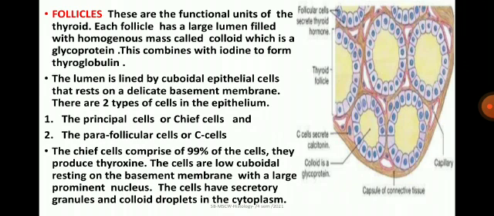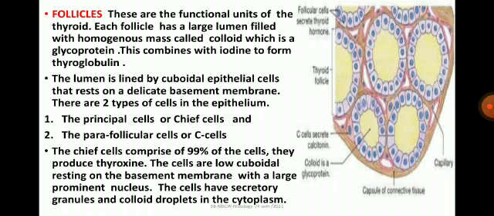This is yet another picture of the thyroid gland showing a number of thyroid follicles within it. These are the functional units of the thyroid. The follicles have a large lumen filled with a homogeneous mass called colloid, which I just mentioned, which is a glycoprotein, and this combines with iodine to form thyroglobulin.